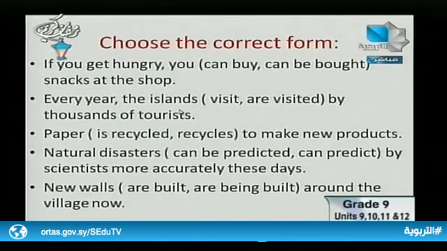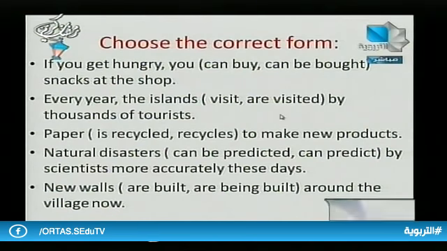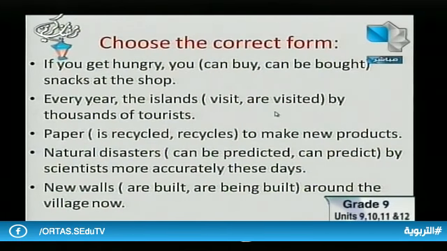Every year the islands are visited by thousands of tourists. So the answer is are visited, because here we are talking about the islands, which receive the action. Number 3: paper is recycled or recycles to make new products.